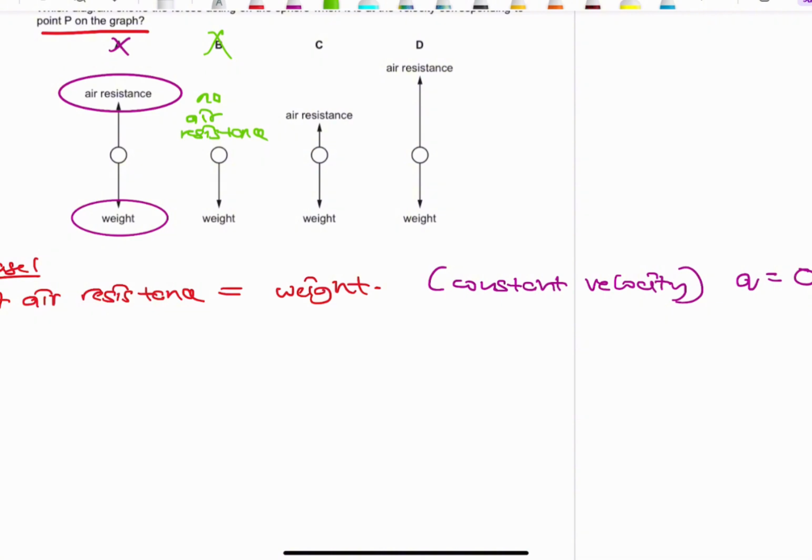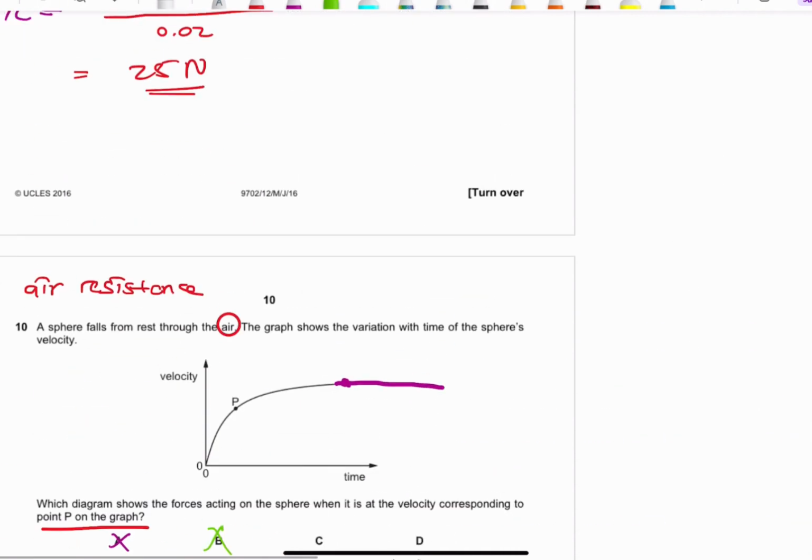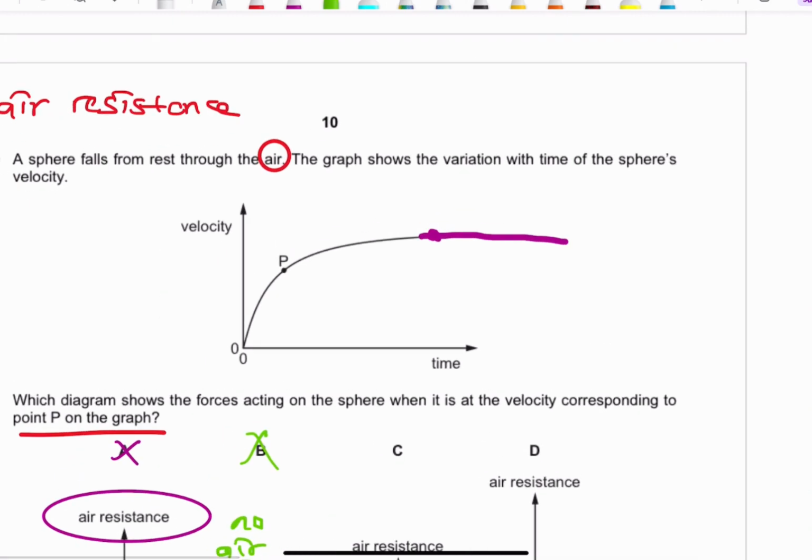So for air resistance to be greater than weight, you have to accelerate upwards. Your acceleration has to actually be increasing. But if you look at this, the gradient of a velocity-time graph represents acceleration. And from this graph, as I can see, the gradient is actually decreasing, right? So the gradient decreases up until the gradient actually approaches zero.